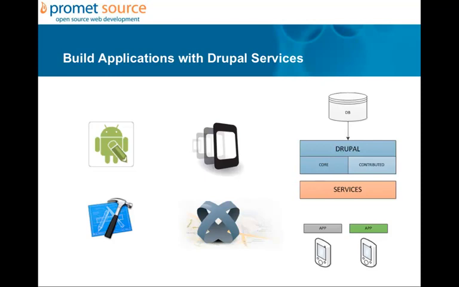You can also build natively, and then you can use Drupal and the Services module to communicate with that application. Is that making sense? So those are 2 different options.